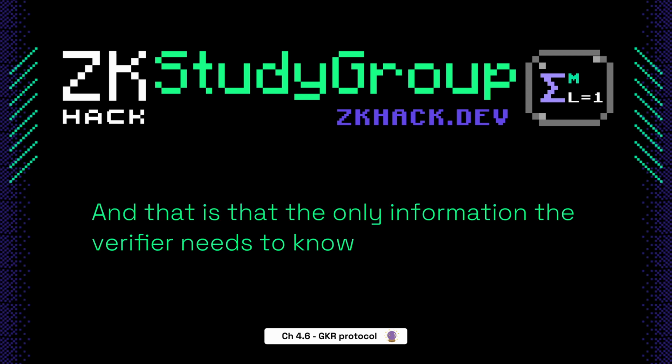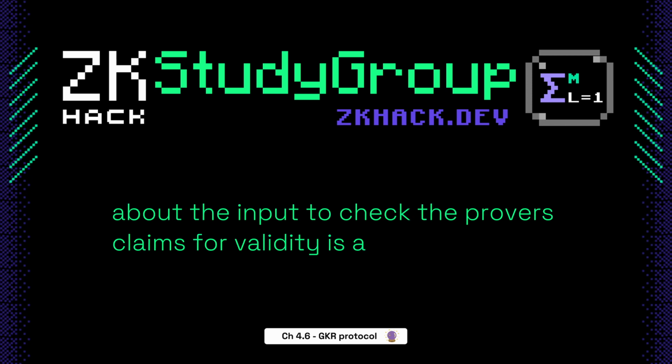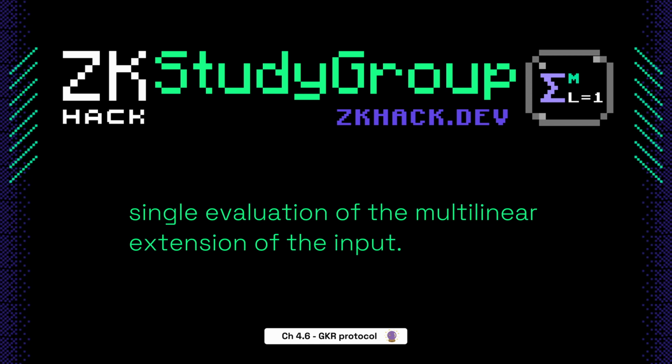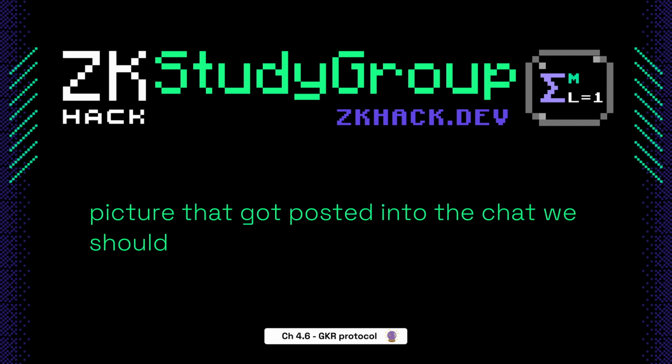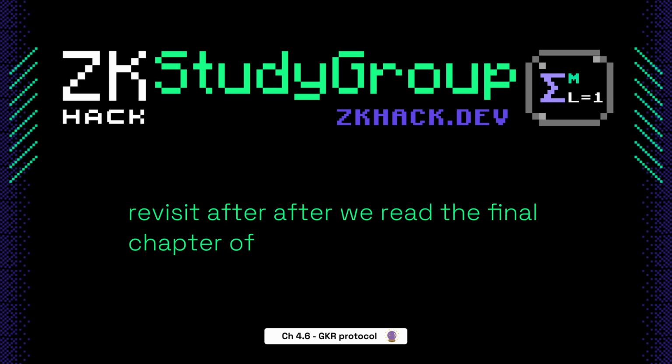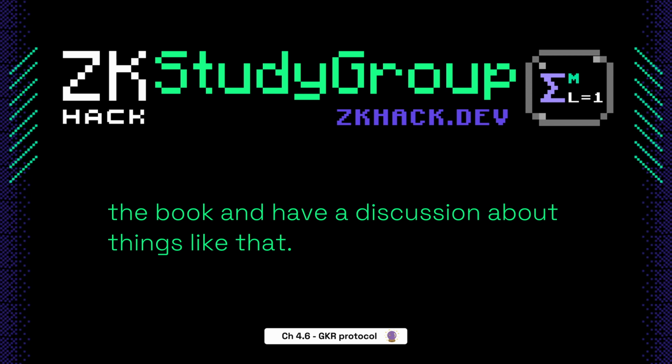And that is that the only information the verifier needs to know about the input to check the prover's claims for validity is a single evaluation of the multilinear extension of the input, at a randomly chosen point. This picture that got posted into the chat, we should revisit after we read the final chapter of the book and have a discussion about things like that.